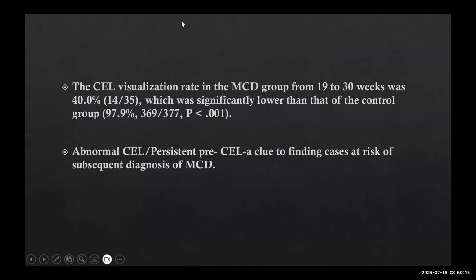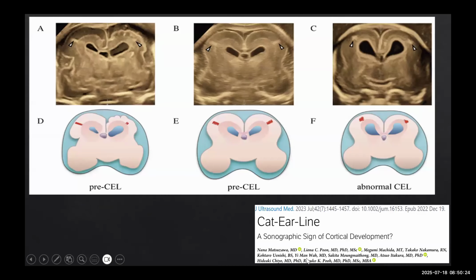So according to the paper, the CEL are you confusing Ritsuko with Leona Poon? No, sir. This is by Poon, and Poo is also part of this paper, sir. So it is the work of Ritsuko Po.